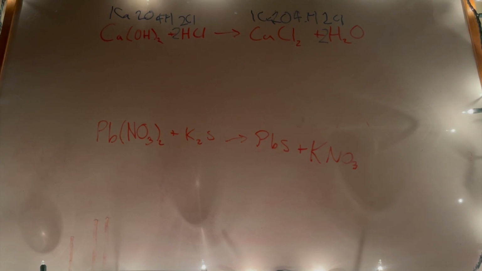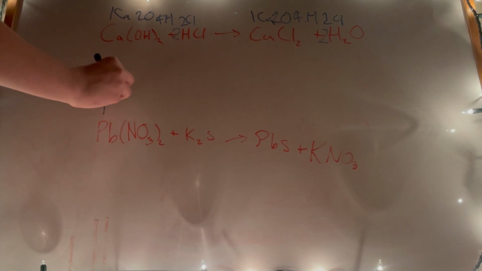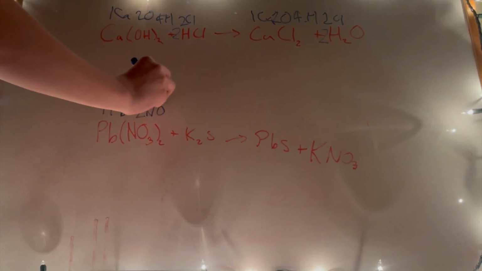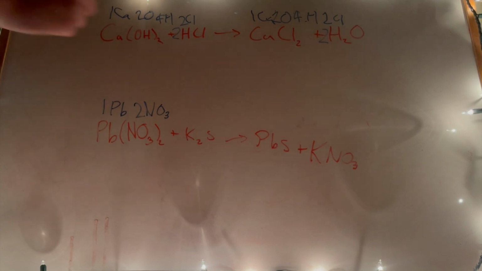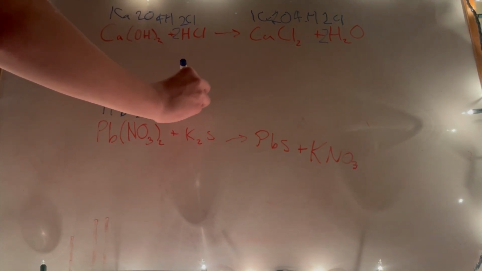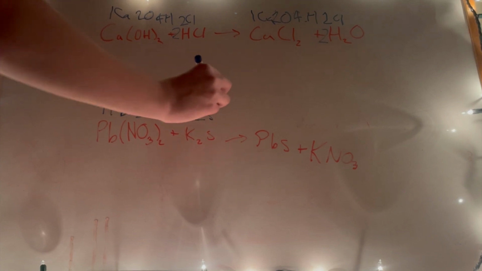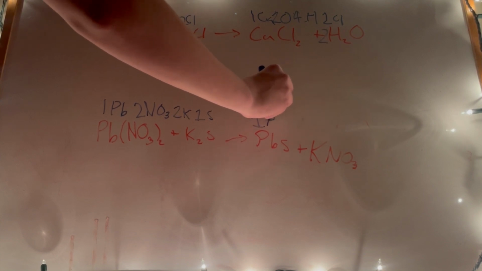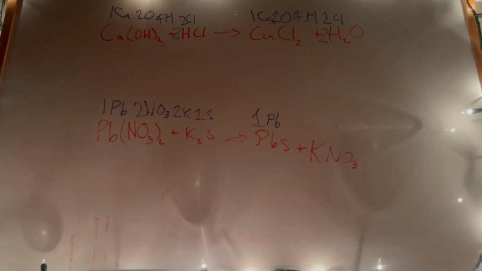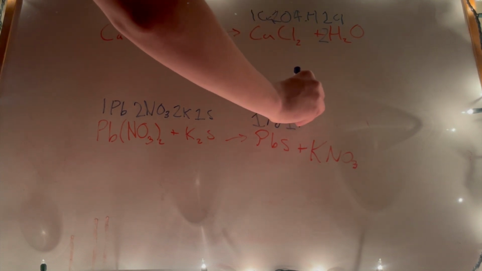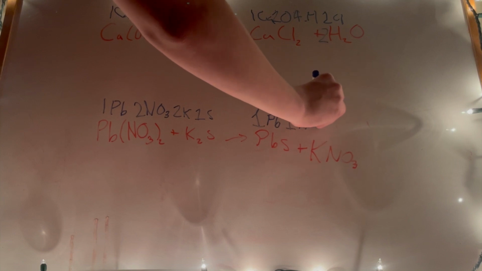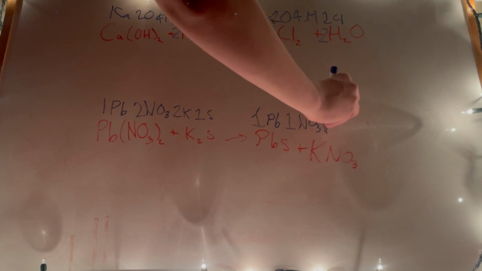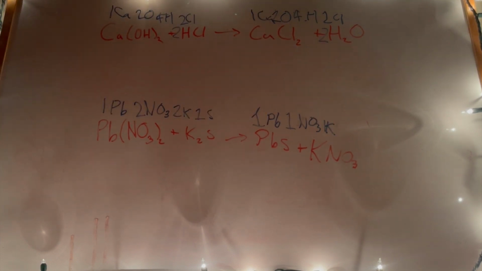So you're going to write the amounts as 1 lead, 2 nitrate, 2 potassium, and then 1 S. And then on the other side, you're going to write 1 lead, 1 nitrate, 1 potassium, and 1 S.